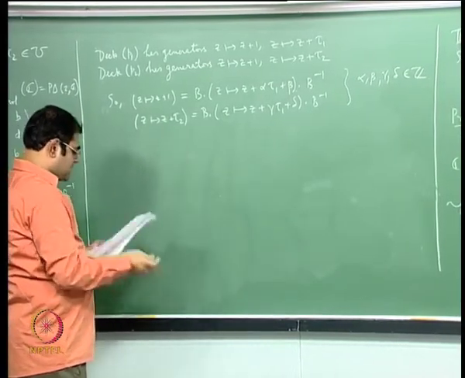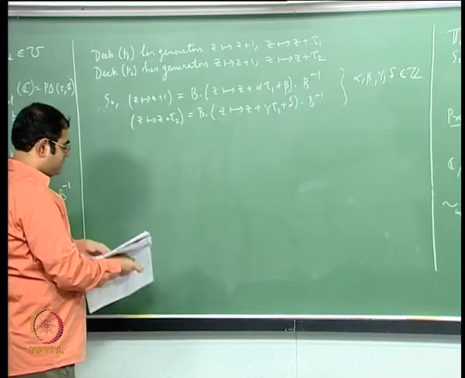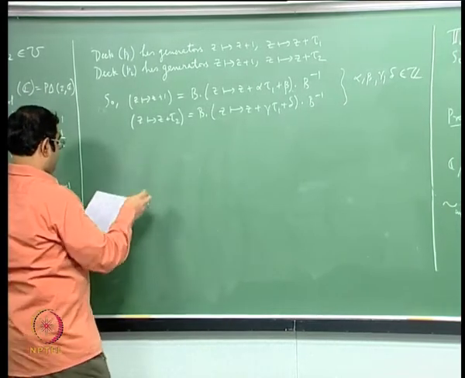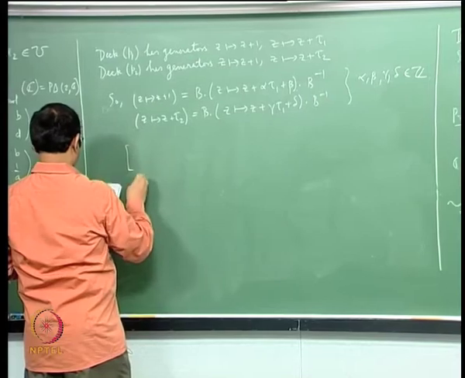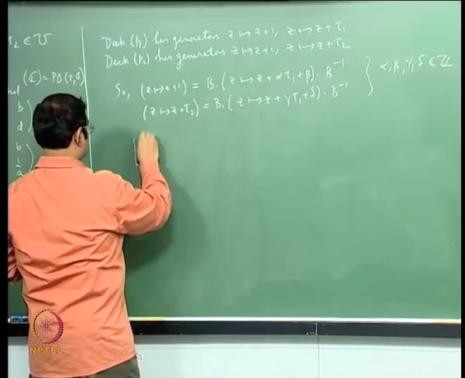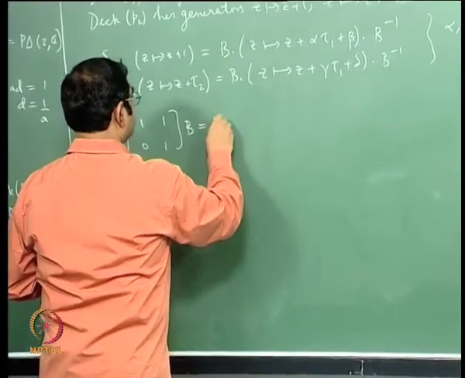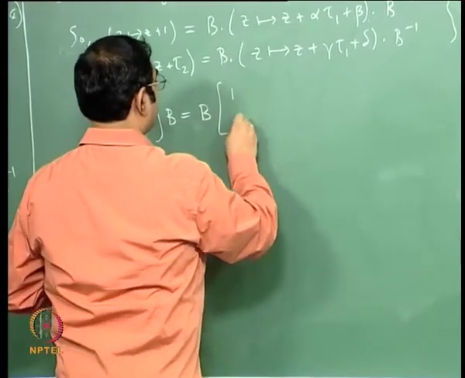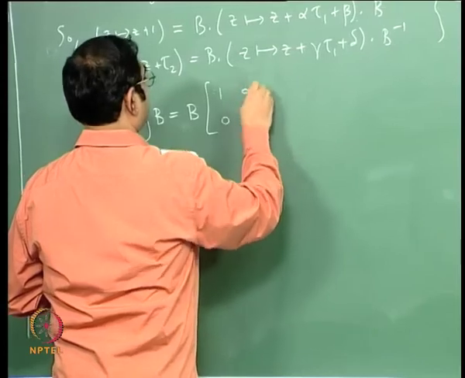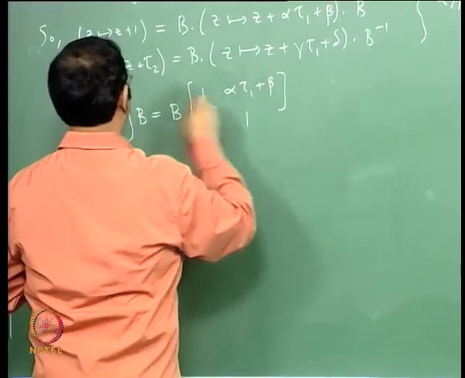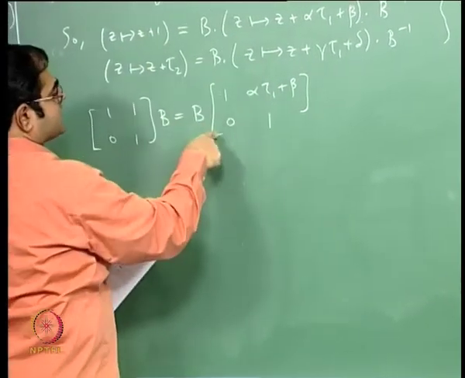So what happens is, if you write it down, this is what you get. Suppose I write it in matrix form: this is (1 1; 0 1) b is equal to b (1 alpha tau 1 plus beta; 0 1). This is just the above written in matrix form.